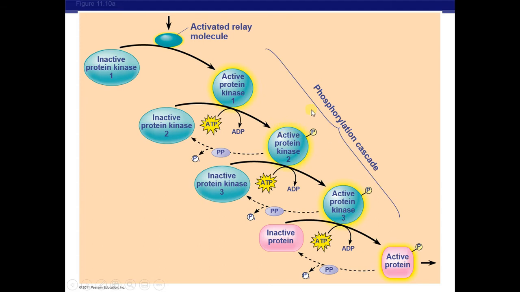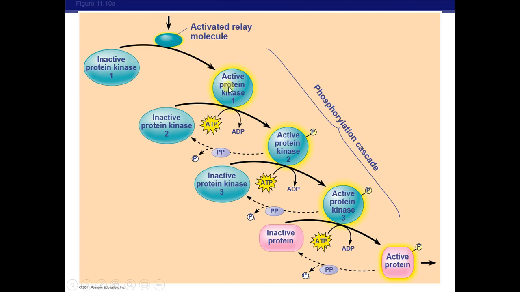Over time, these activated kinases lose their phosphate group. They become dephosphorylated, and then they switch back off. This prevents a signal from continuing even after the signaling molecule is not bound to the receptor anymore, because over time, these phosphate groups will fall off and inactivate the protein kinases.